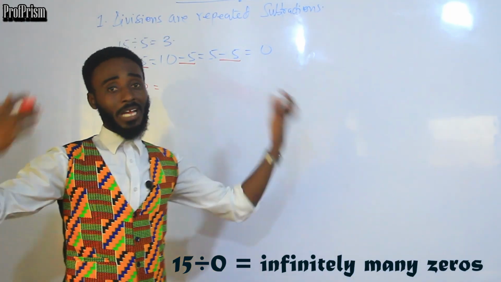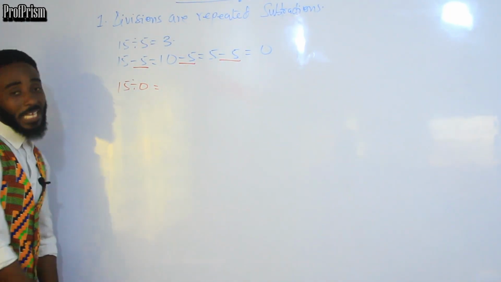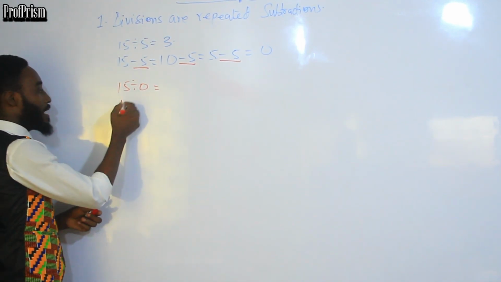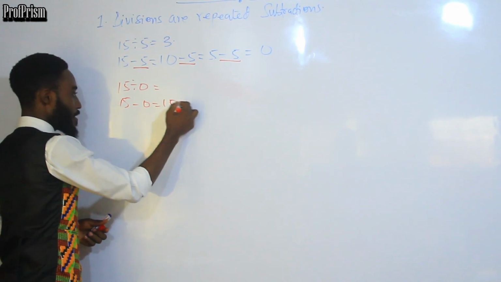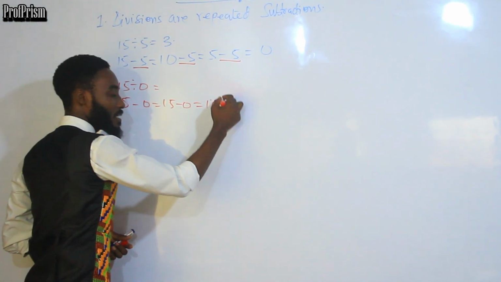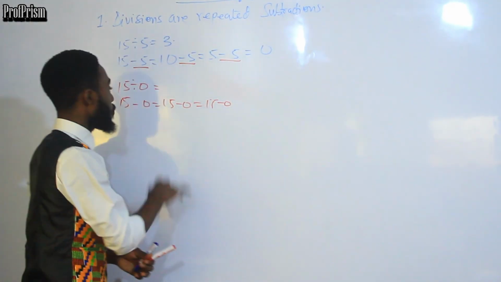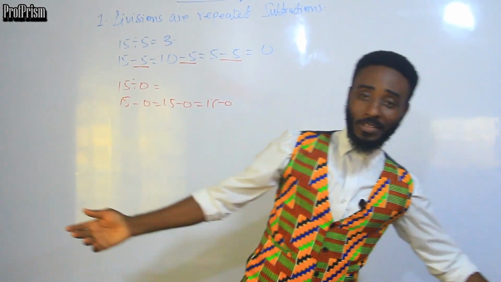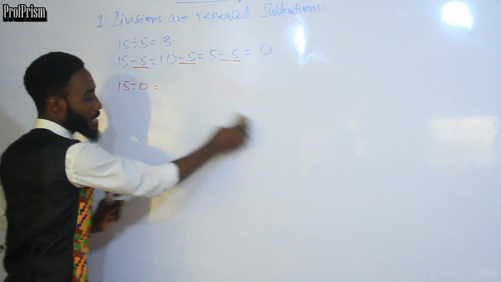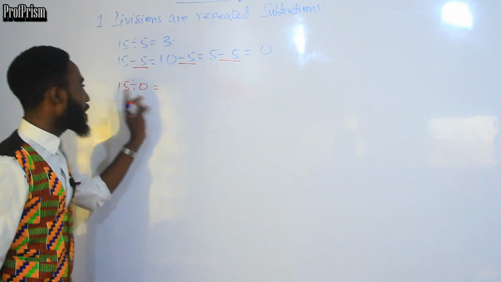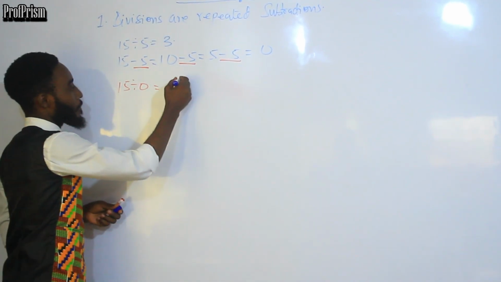I can be subtracting as many zeros as possible and still wouldn't get to 0. 15 minus 0 will still give me 15, minus 0 will still give me 15. So I'll subtract an infinite amount of zeros from 15 to get to 0. So that looks like, wow, I've gotten the answer: 15 divided by 0 is infinity.